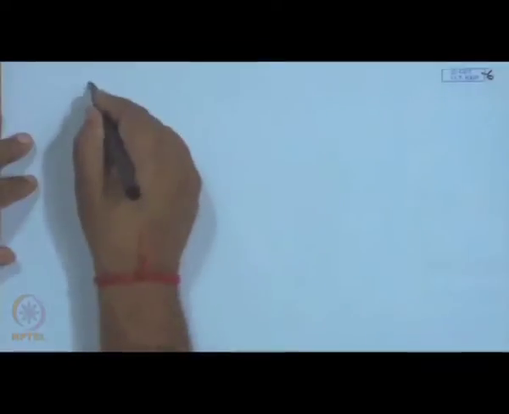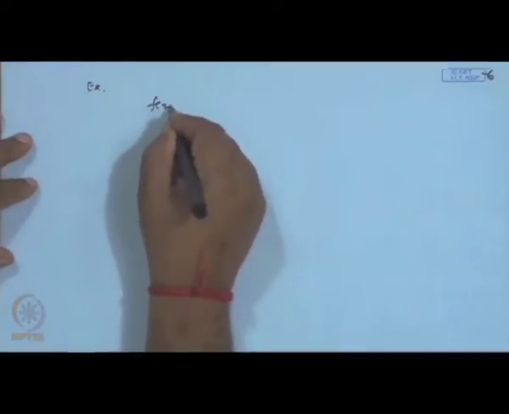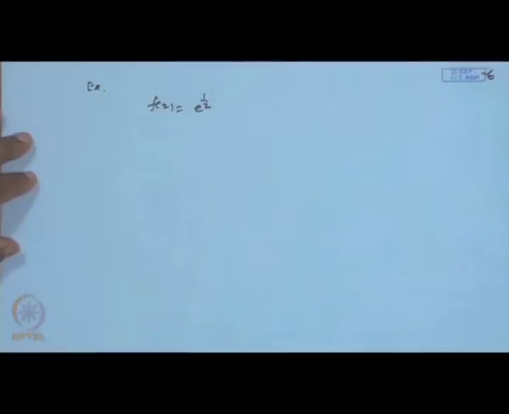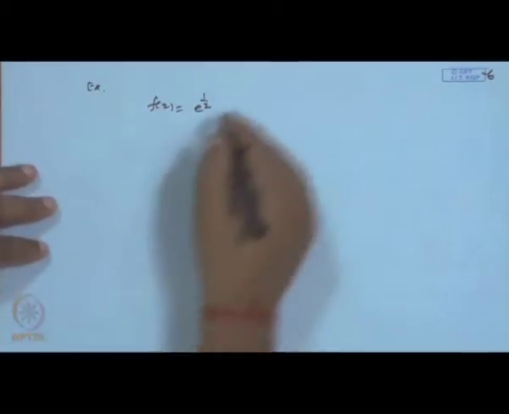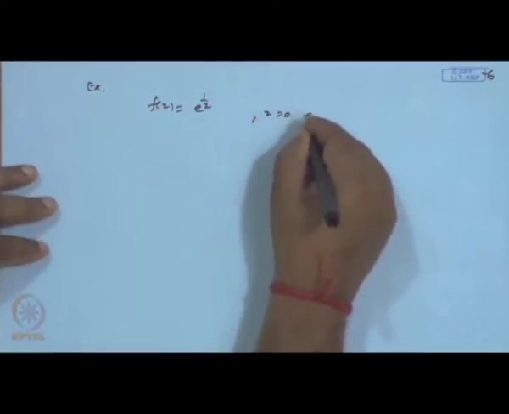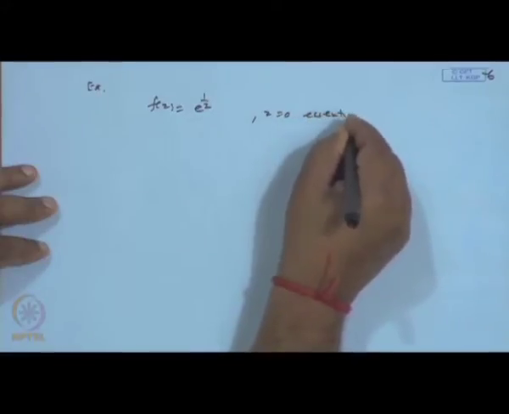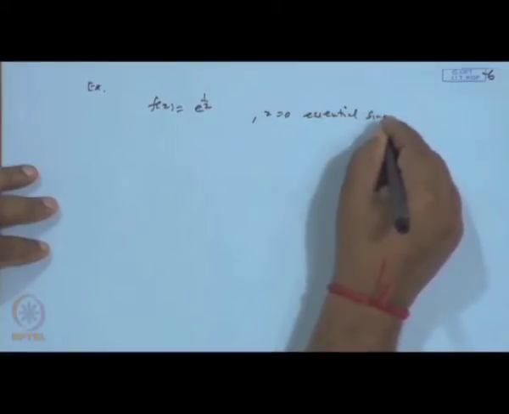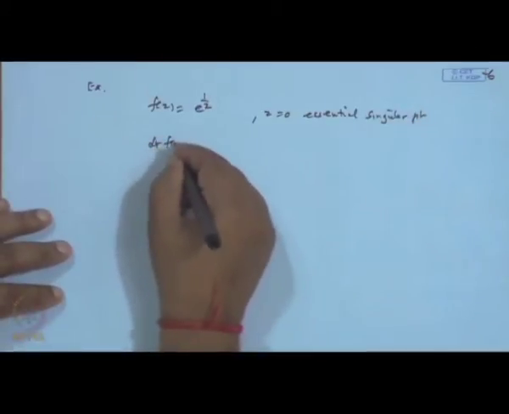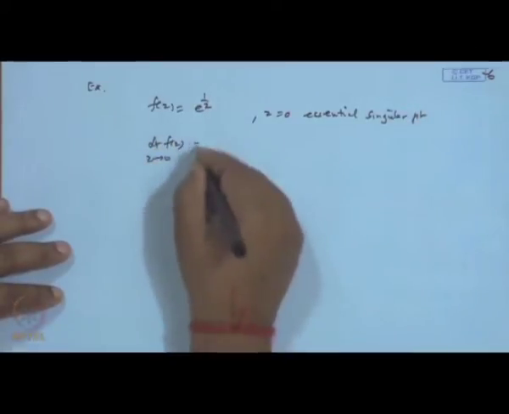For example, take the function f(z) equal to e to the power 1 by z. We have already seen that z equal to 0 is an essential singular point. Consider the limit of this function as z tends to 0.